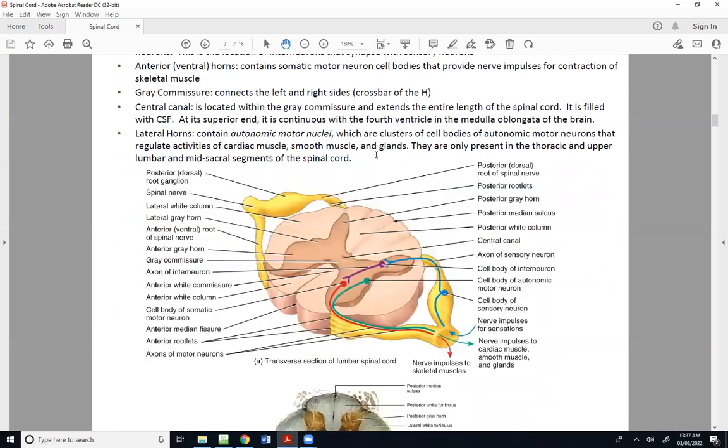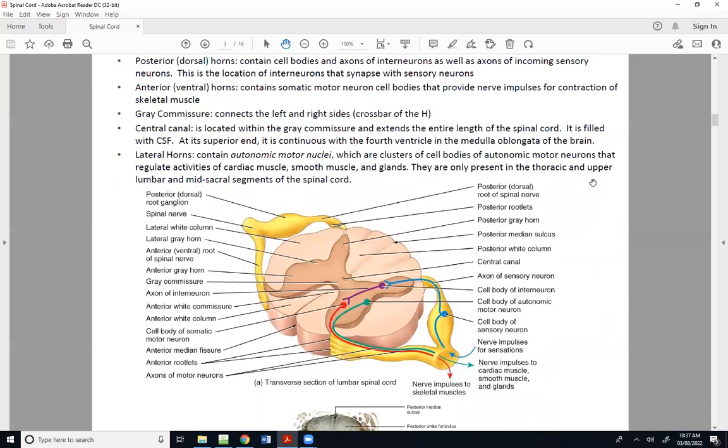Make sure you are able to identify those. It's pretty straightforward. Anterior median fissure is where you find the anterior white column, posterior median sulcus is where you find the posterior white column, and then the two sides will be the lateral white columns. So that's the makeup of the white matter.